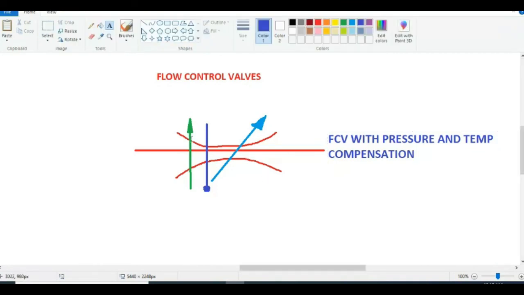This green color indicates the pressure compensation. This blue color indicates the temperature compensation, and this cross arrow indicates the variable flow control valve. This is how you can represent the flow control valves.